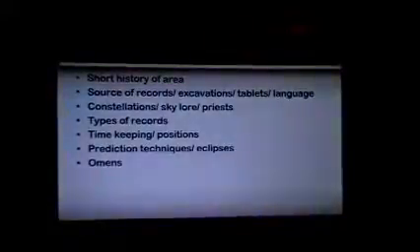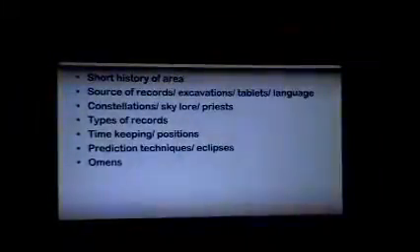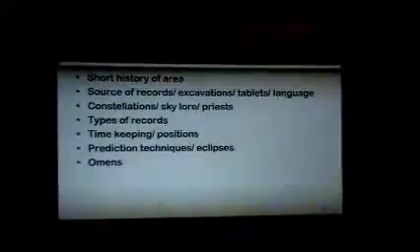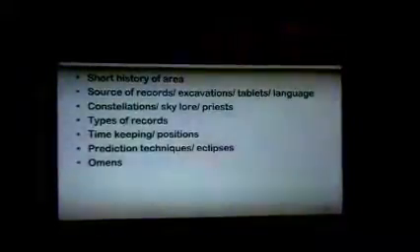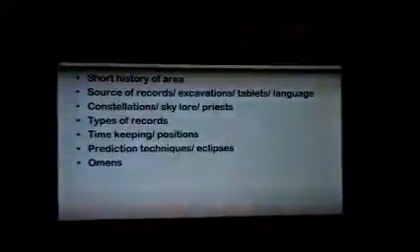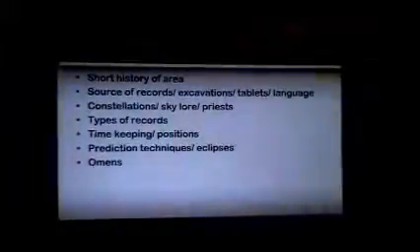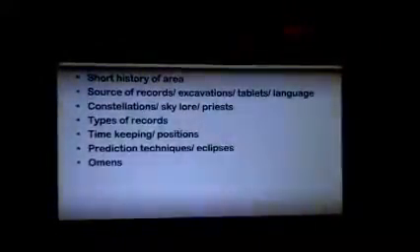I would venture to suggest that most undergraduate university students would have difficulty doing the math the Babylonians did. But anyway, I'm going to do a short history of the area. Babylon is kind of a catch-all. It centered on the city-state of Babylon, but it was not Babylonian for a large part of it.